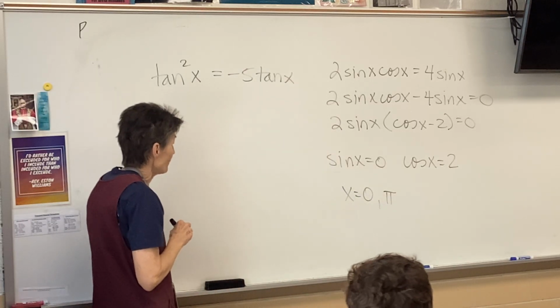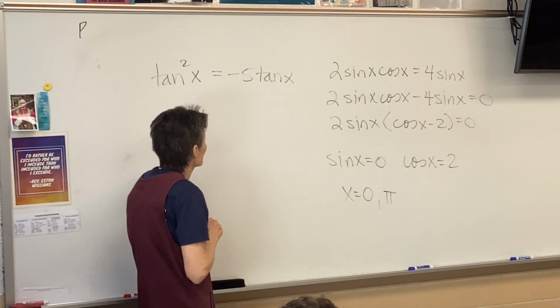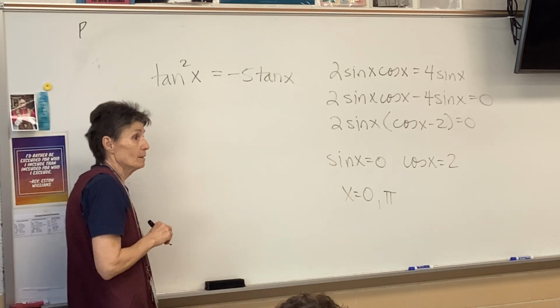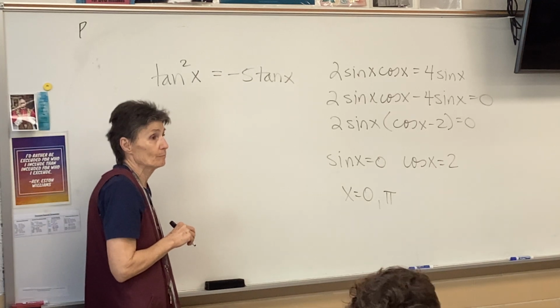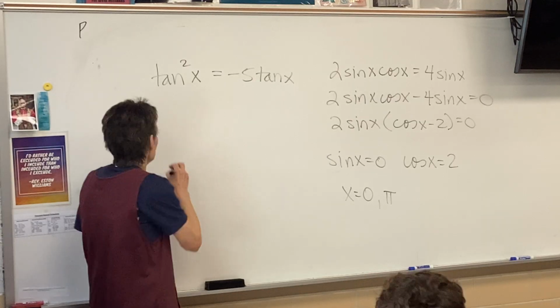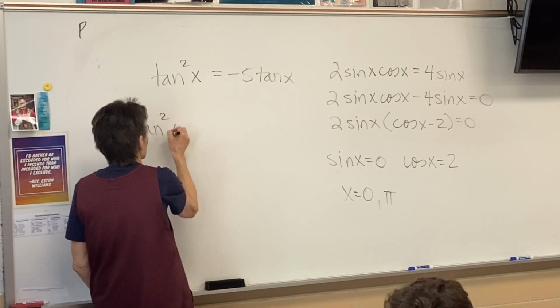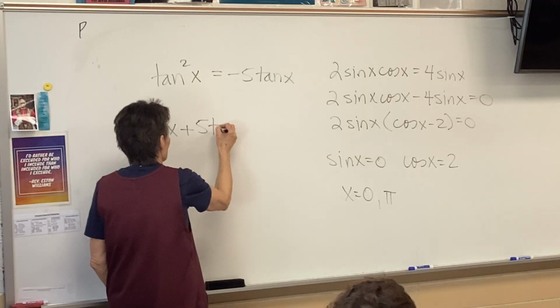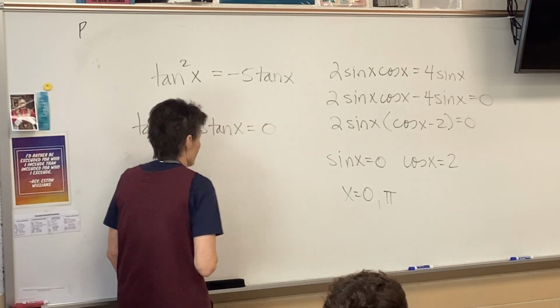All right, so it's a little quadratic. What do you think we ought to do first? Okay, so tan squared plus 5 tan equals 0.